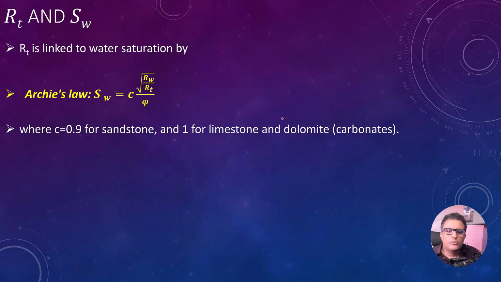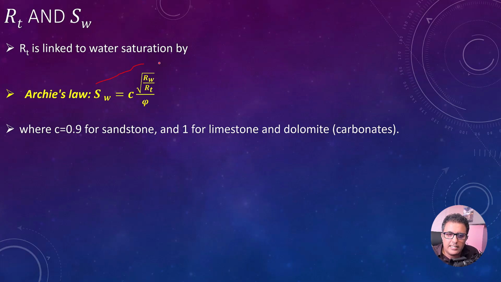Now we're going to get to, I can say, one of the most important equations in this course, and that is the first Archie's law. As you see here, the first Archie's law links the water saturation in the formation to RT, RW, and phi.